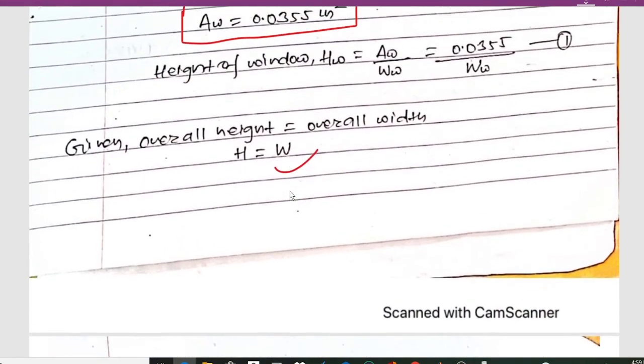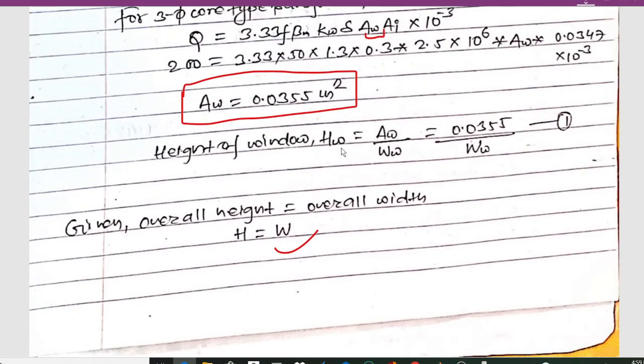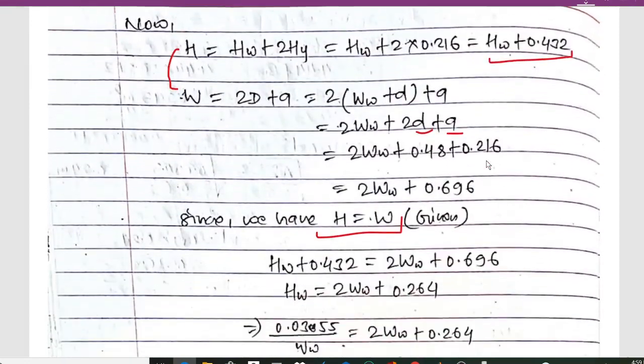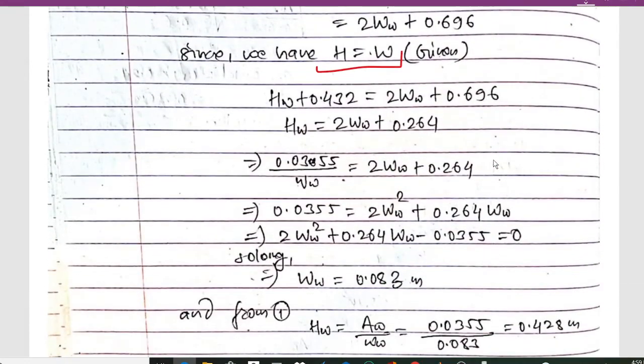Here we have used equation 1, so in place of Sw we use this value, 0.0355 upon Ww.